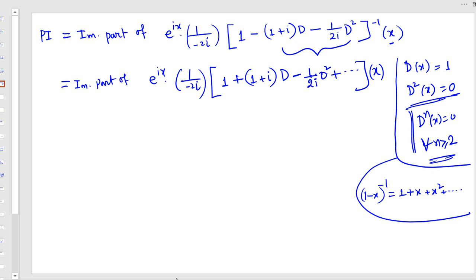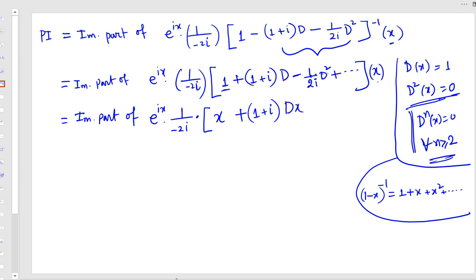So now it becomes the imaginary part of e to the power ix into 1 by 2I. Let us write it: x multiplied by 1 becomes x plus 1 plus I, into dx plus 0, all 0.